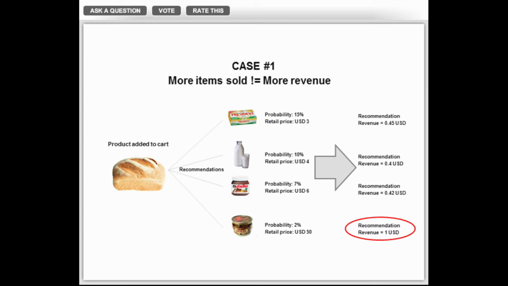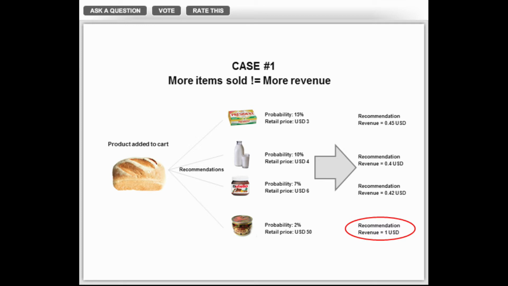I have drawn this simple example here on the slide. Please don't judge me strictly. So imagine there is a guy on the website who is purchasing bread, and you can recommend him butter, milk, Nutella, or red caviar. The probability of purchasing the butter is the highest.